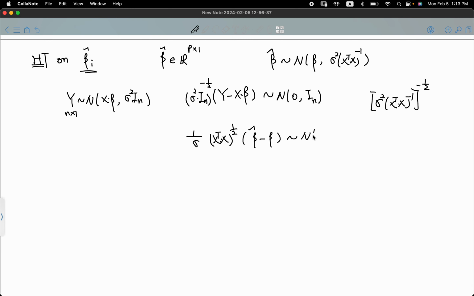following a normal. Here, the dimension for the matrix is P, because this is a P-dimensional vector. Okay, so after standardization, we have this standard normal distribution, and this comes from here. Okay, so from this normal distribution, standardized, we have that.